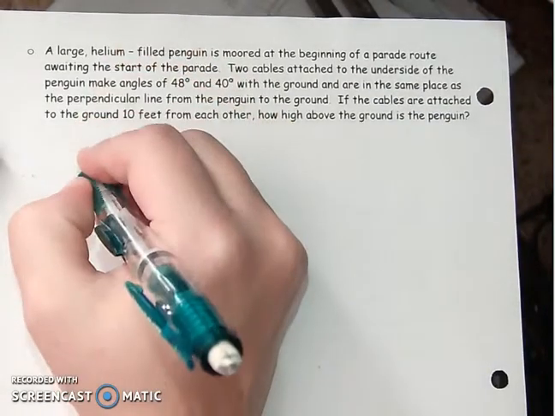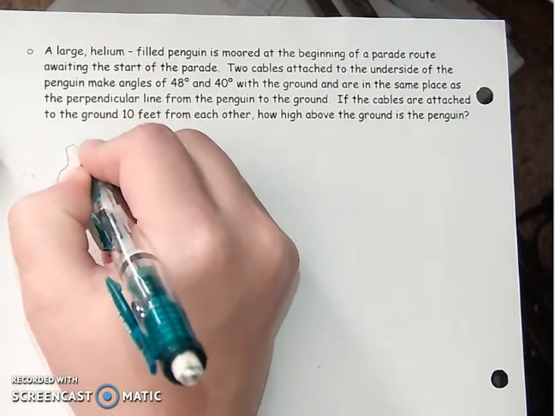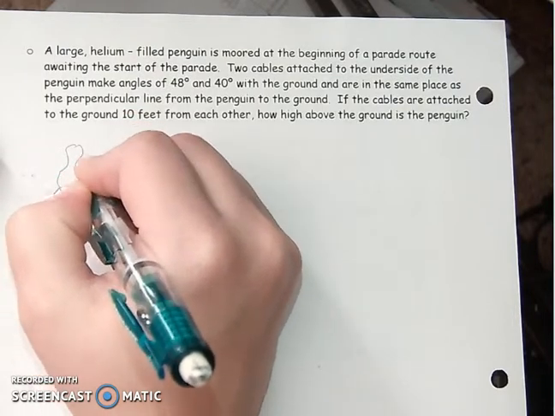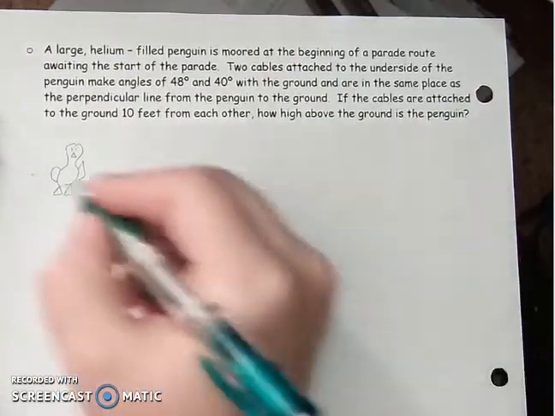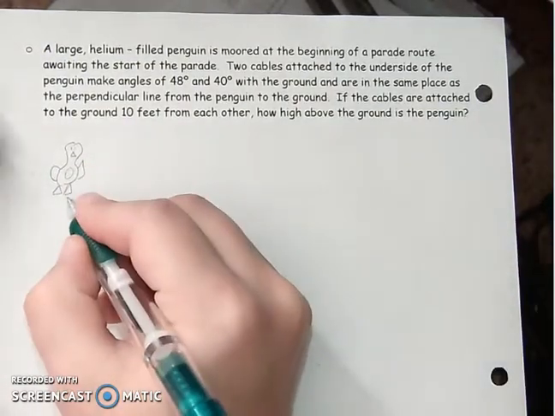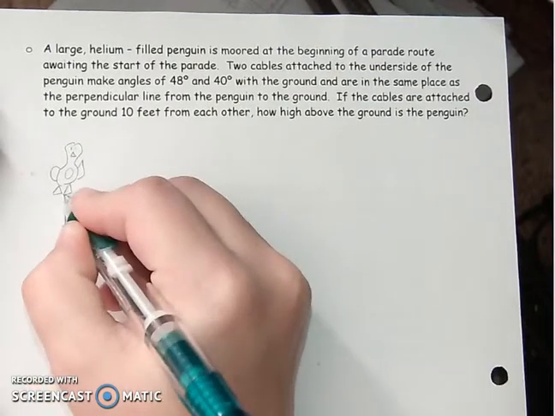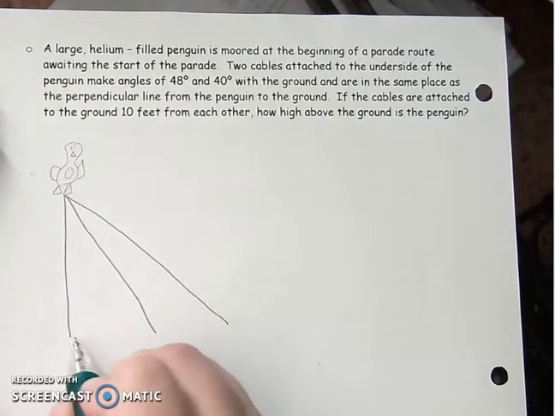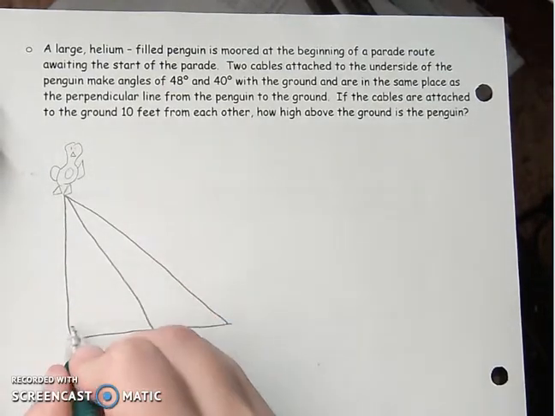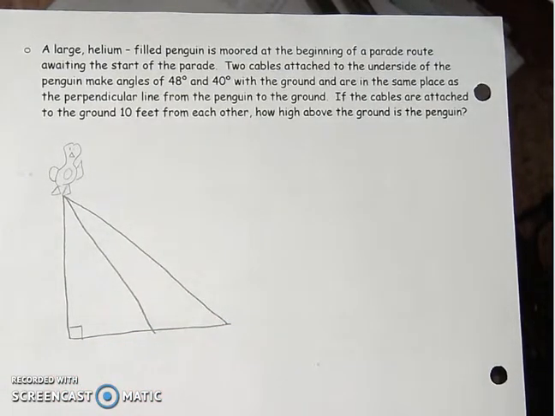So, penguin, close enough, he's got a little white belly. He's up in the air and has two cables that are attached to him. And it's the same place as the perpendicular, so it's a right triangle.